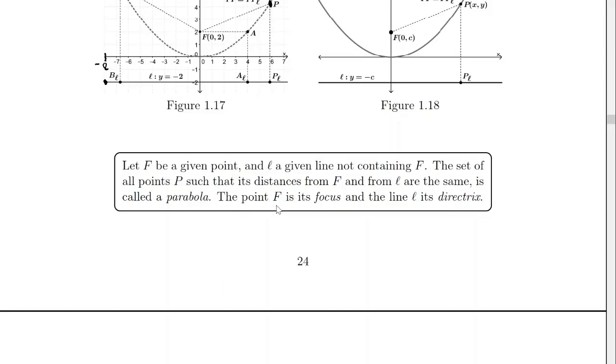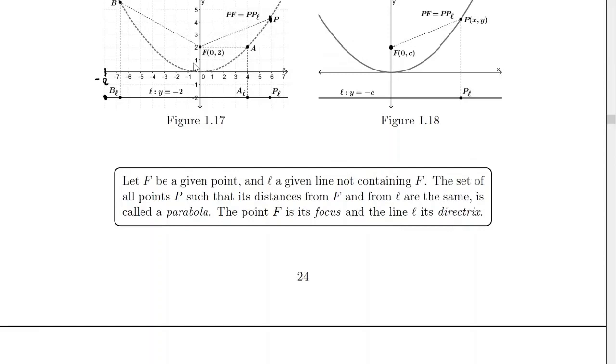So the point F is called the focus of a parabola, and the line L is called the directrix of a parabola. Or we can say that a parabola is a set of all points in a plane equidistant from a fixed point called the focus and a line called the directrix.